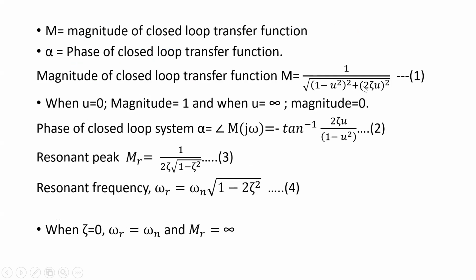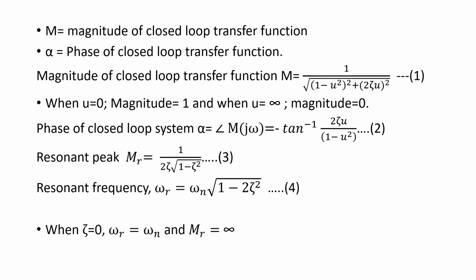Magnitude will be the root of x square plus y square. Looking at this, when u is 0, magnitude will be equal to 1, and when u is infinity, magnitude will be 0. Next, coming to the phase, phase is nothing but tan inverse y by x.